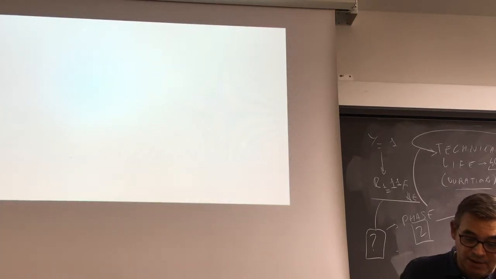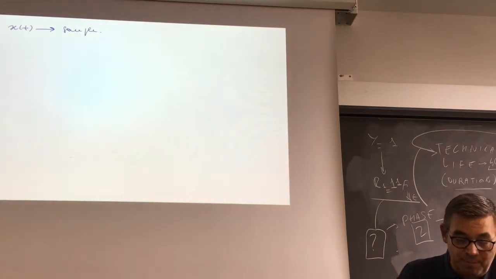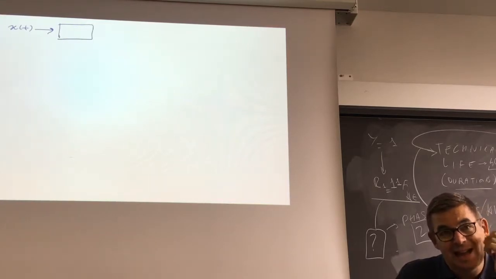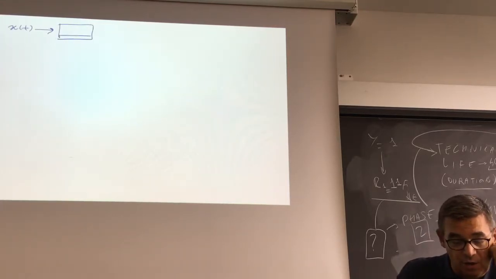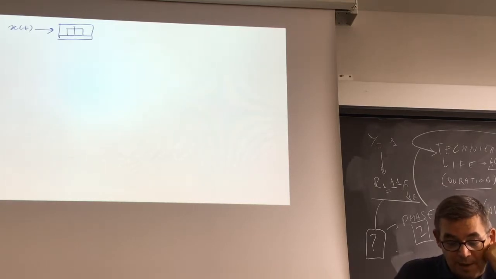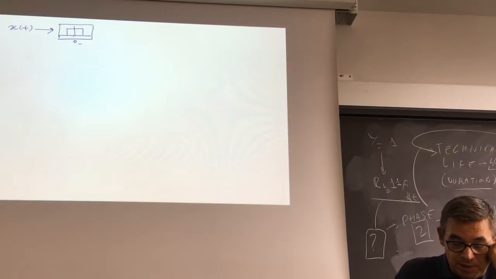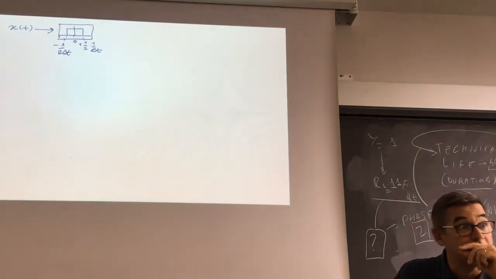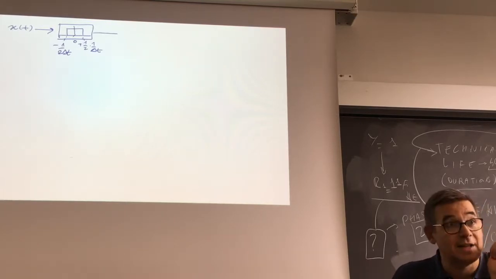This means essentially that I take x(t) and sample, but before sampling, I need to consider as if I have an ideal low pass filter with a band that goes between minus 1/2 times 1 over delta t and plus 1/2 times 1 over delta t, which is usually called the anti-aliasing filter. Okay, so I imagine that I have this.